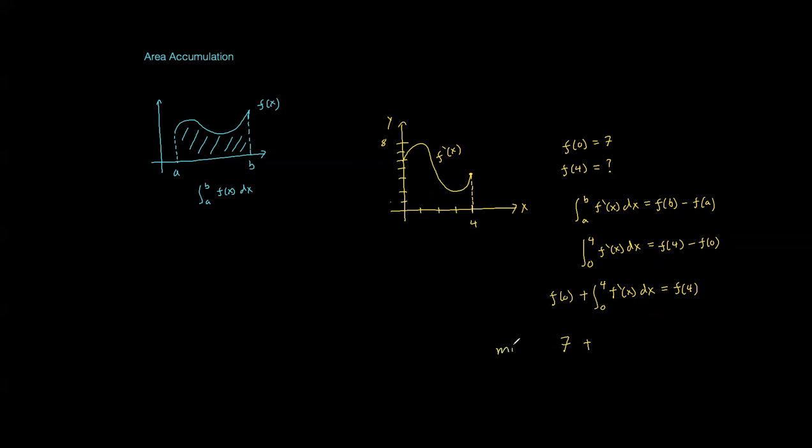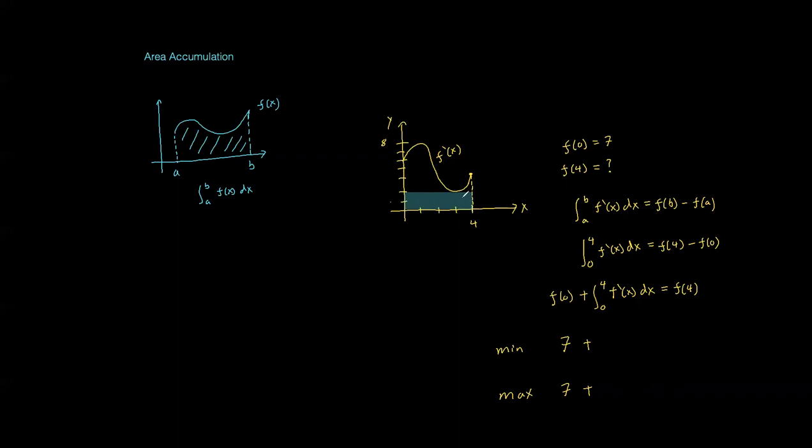I can do what's known as a minimum estimate, and I could also do a maximum estimate. Let's see if these actually make sense. In this particular case, if I take a little box, and we'll use light blue for the minimum, then I know that the area here is at least 2 times 4: 2 height and 4 width.